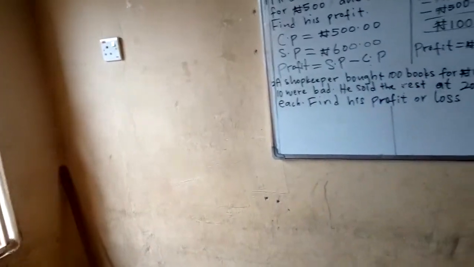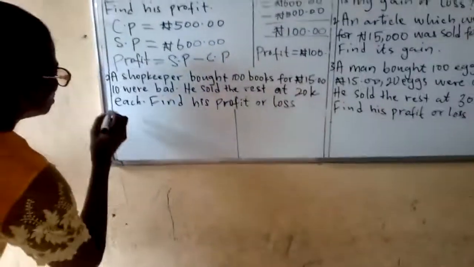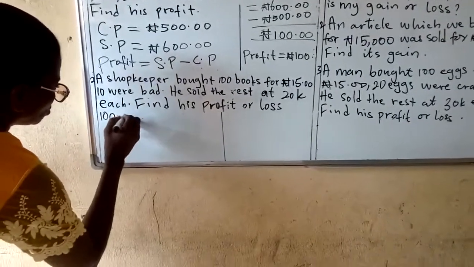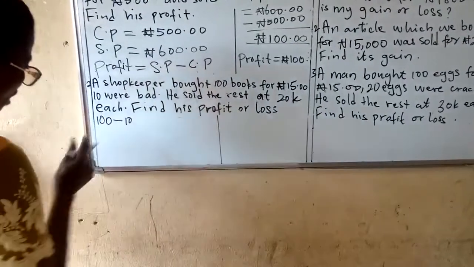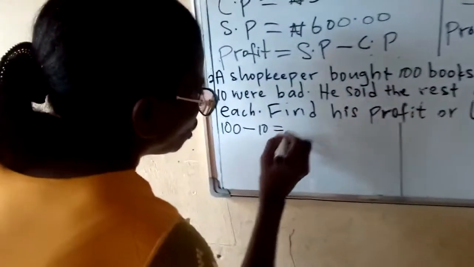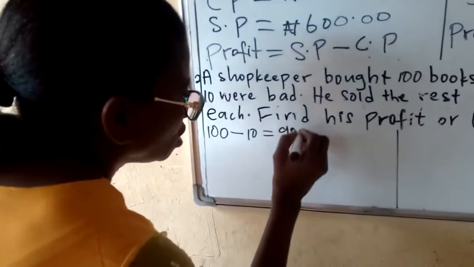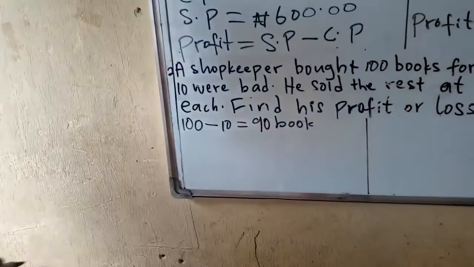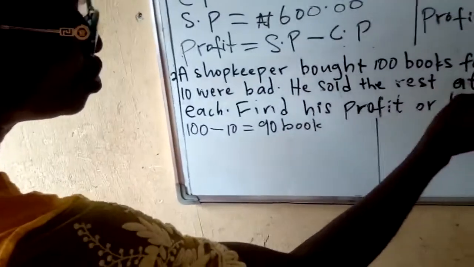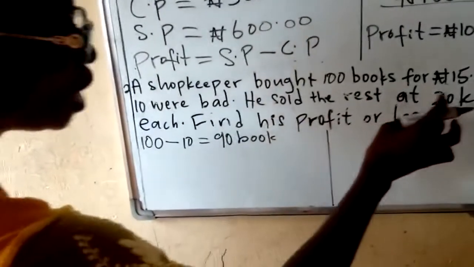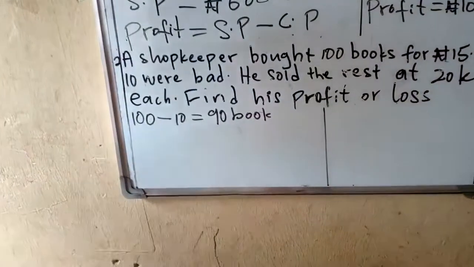Okay. Let's go. That is 100 books minus 10 books will give us 90 books. And these 90 books, it says 20 kobo, he sold one of these books for 20 kobo.